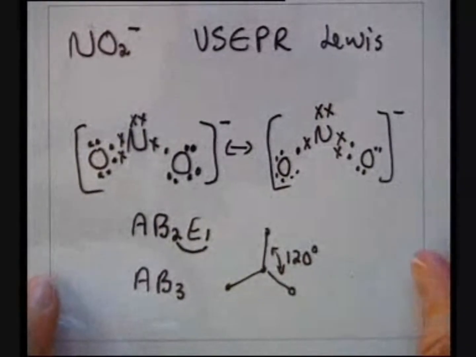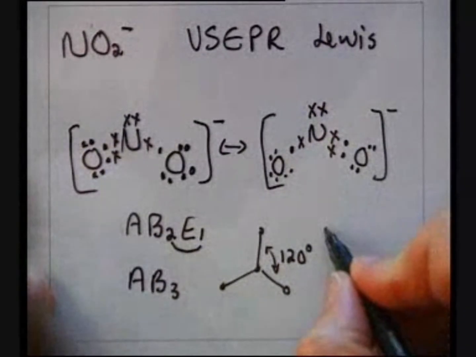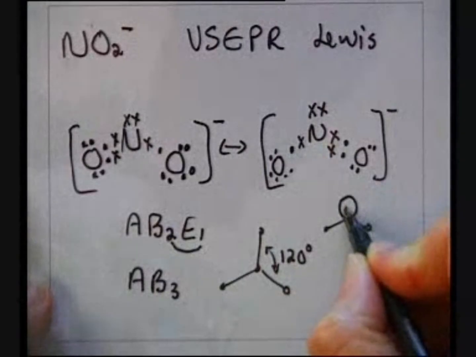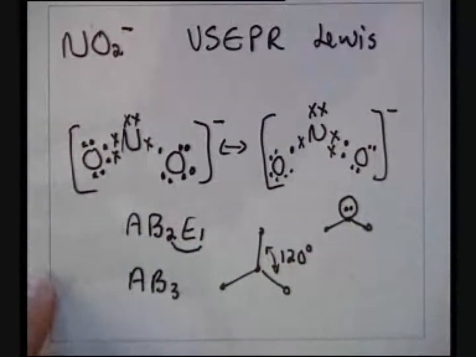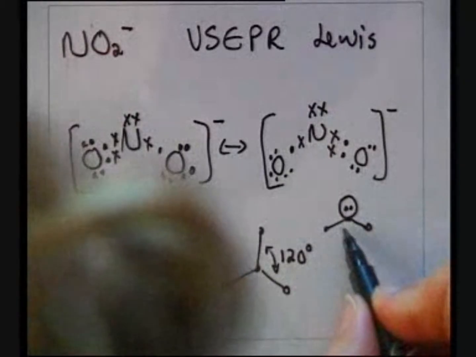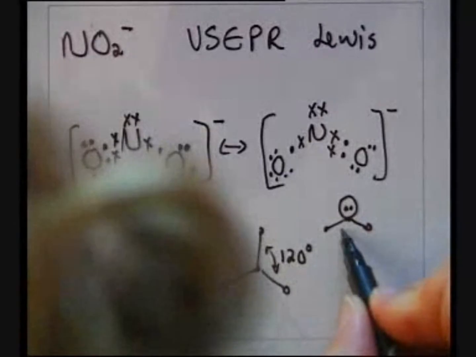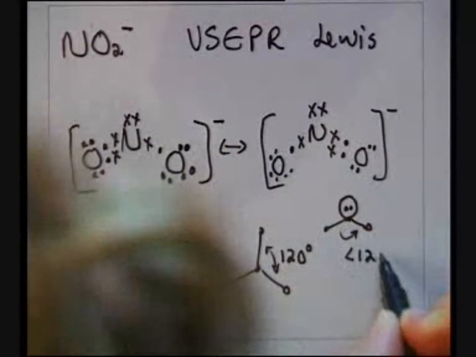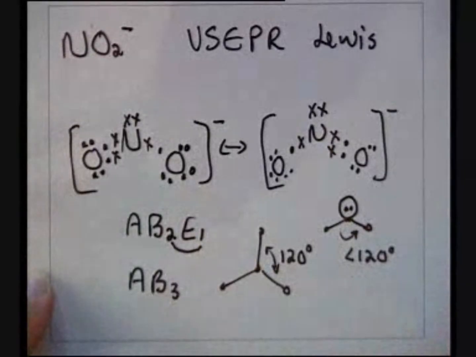For our molecular geometry now, we realize that instead of 3 terminal atoms, we will have 1 lone pair. When we have a lone pair, we expect bond angle distortion, and we expect this bond angle to be smaller than 120 degrees.